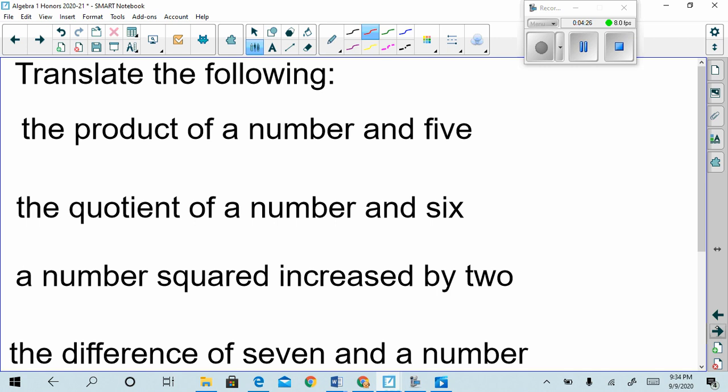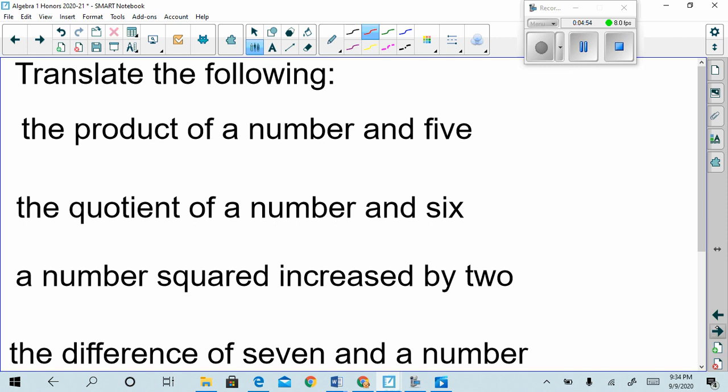Now that we have that list, and we'll go over that list in class today, let's put it to practice. Let's do some translations. I'm giving you some verbal expressions. Once again, stop and write these verbal expressions in your notes, and next to it, put your translation.